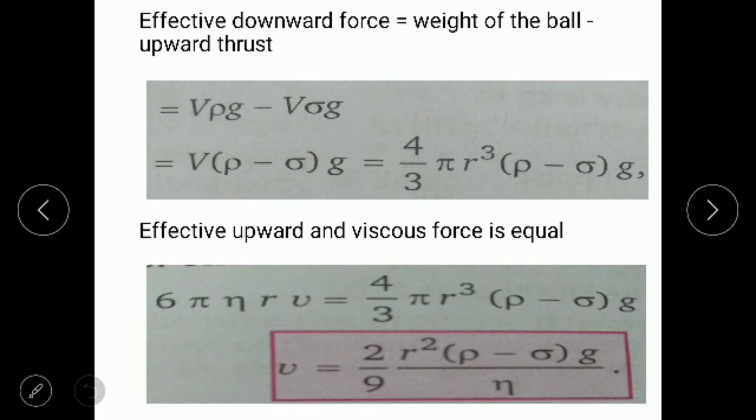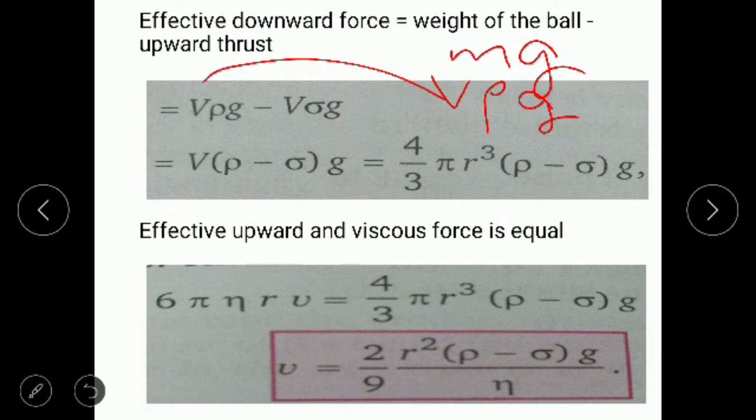Whatever the weight of the ball is, minus the upward thrust, will be the effective downward force of gravity. Now, the weight of the ball: the formula for weight is mass into gravity. Now, what is the mass? Mass is volume into density, multiplied by gravity.